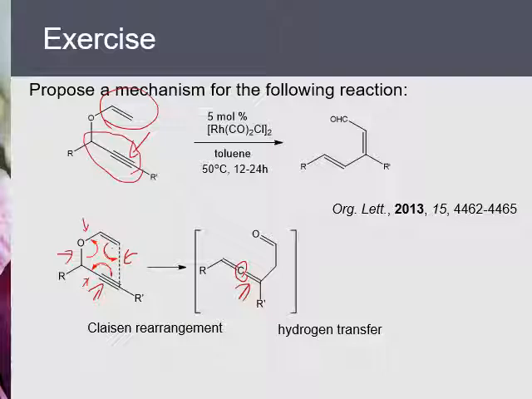In order to stabilize the molecule, the product undergoes a hydride shift. Here is a hydrogen. This hydrogen shifts to this carbon, the pi bond shifts to here, and that gives you the product, which is the final product.